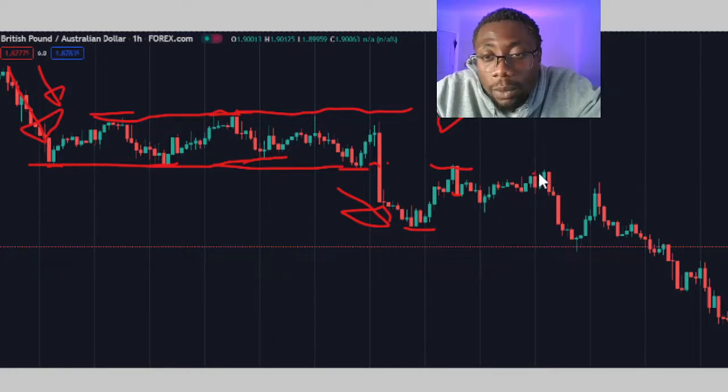Price came back up to retest one more time, but it didn't get quite close enough. And if you had a stop above this area, you'll find out more about how to set stops in a further video. But this is just about noticing the patterns and how we find these patterns and see how they develop in actual charts.